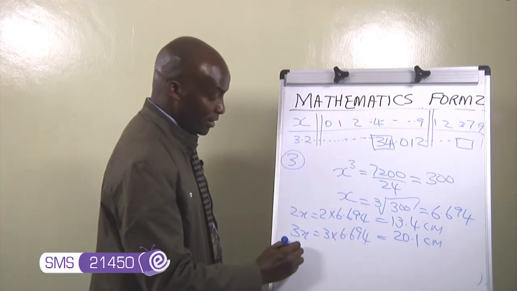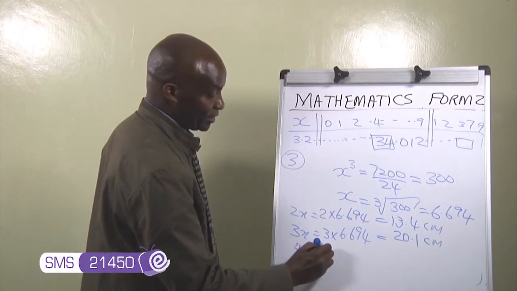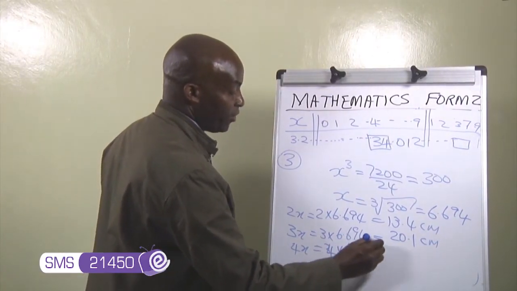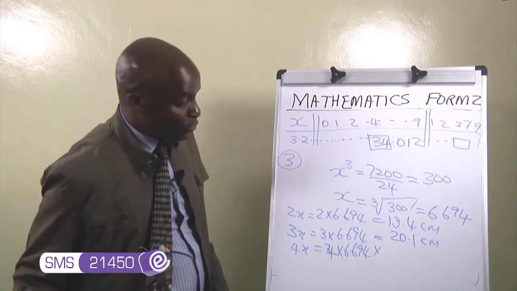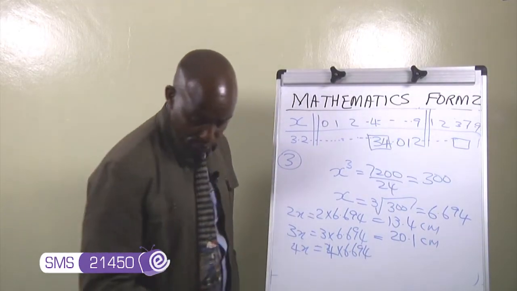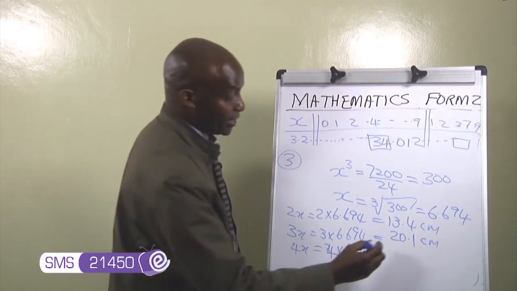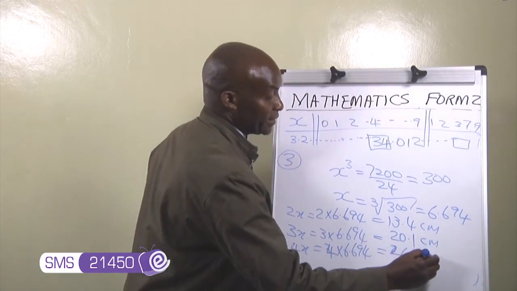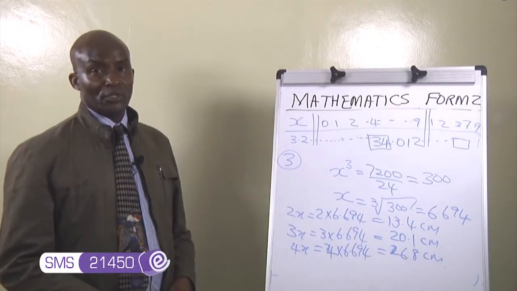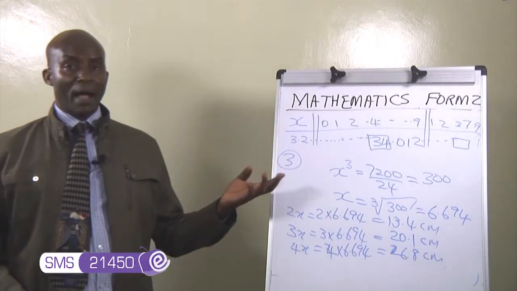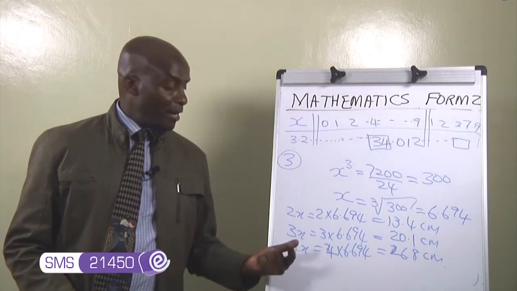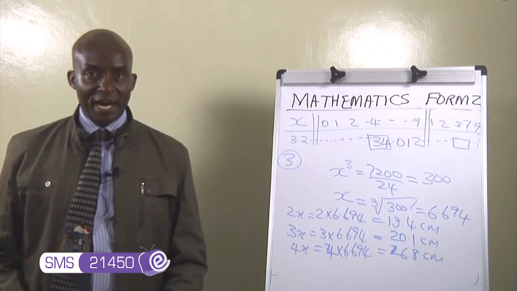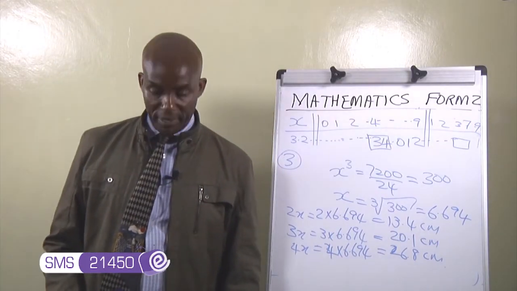And the third one, 4x, is equal to 4 times 6.694, which is equal to 26.8 centimeters. So basically that is the application. That's how we would apply the knowledge of cubes and cube roots to solve real life problems.